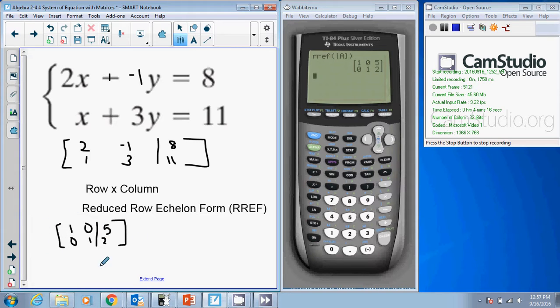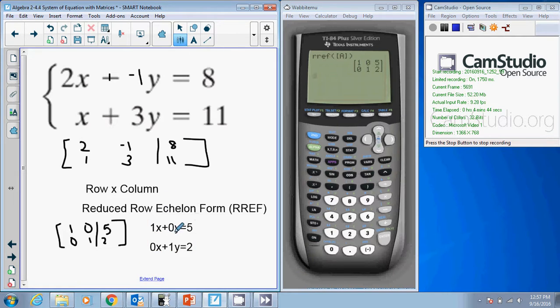And then we could rewrite a system of equations using these new coefficients. So the first equation is 1x plus 0y equals 5. And my second new equation is 0x plus 1y equals 2.